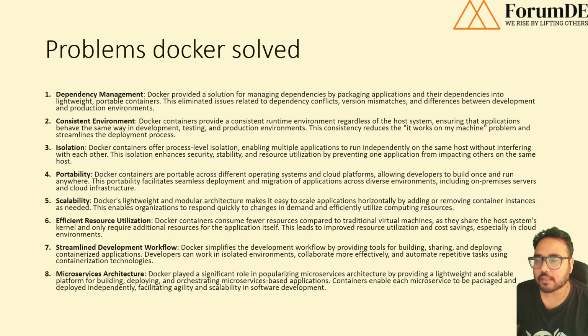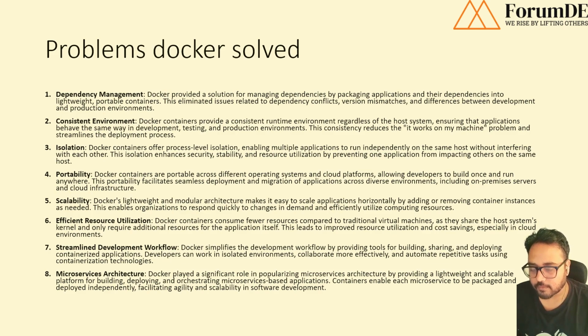So what problems did Docker solve? Most of the problems. The biggest problem that Docker solved is the "but it works on my machine" problem. It allows consistent dependency management across environments. It allows consistent environment across different containers. It allows isolation, since one container has one service.